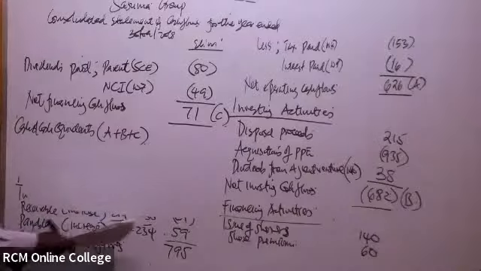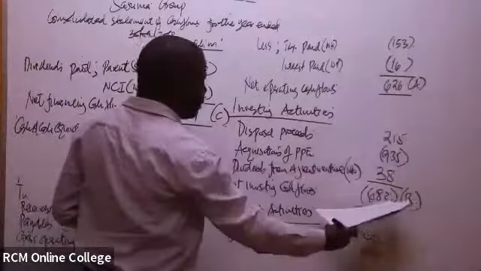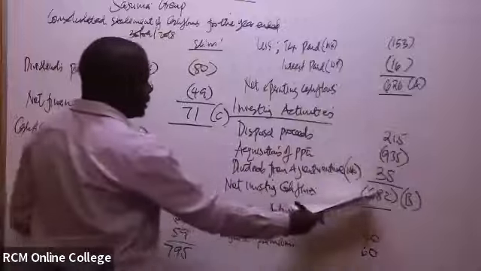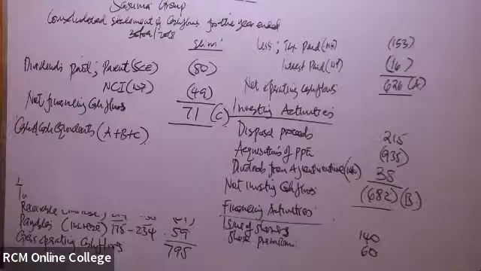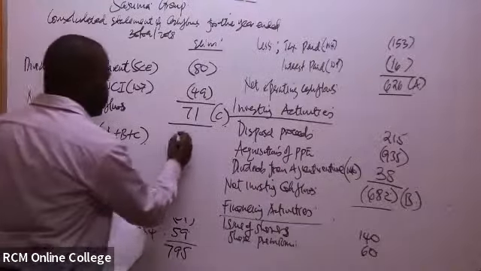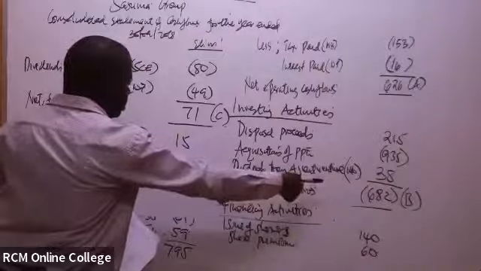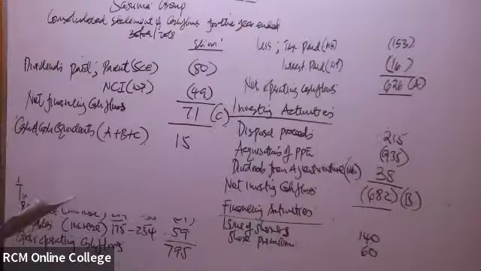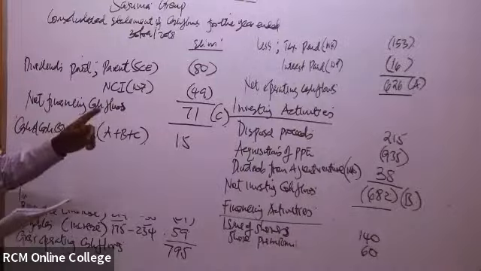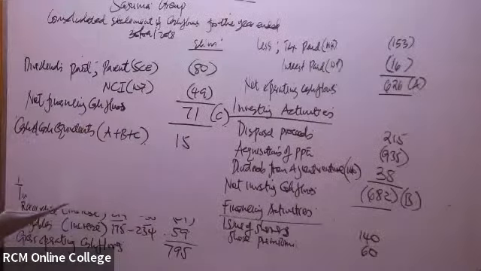When you take A plus B plus C, remember this one is negative. It is supposed to be 15. So don't add 626 plus 682. That one is negative. So you take 626 minus 682 plus 71. So it should give you 15.